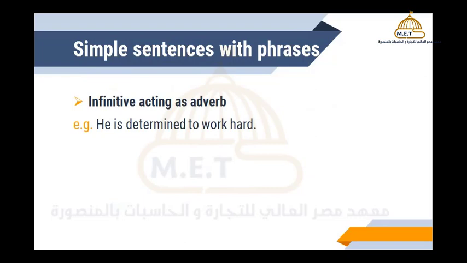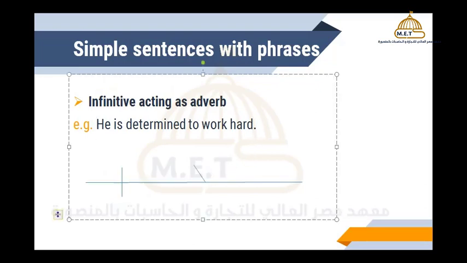Infinitive acting as an adverb, let's take its diagramming. He is determined to work hard. He, the subject, is the verb, and we have determined, so they are on the baseline. And we have to work hard is the infinitive as adverb, so it is under determined.